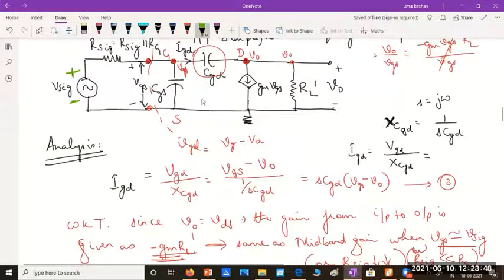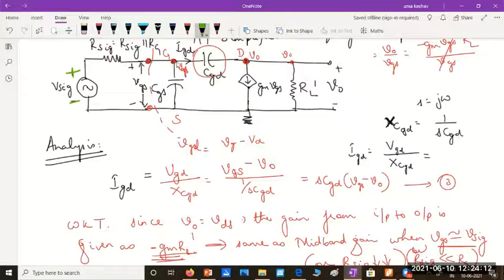But since we haven't studied Miller's theorem here yet, we'll directly find the value of the current flowing through this capacitance IGD. It is the voltage across the capacitance VGD divided by the capacitive reactance XCGD. And how do I find the voltage across this capacitance?